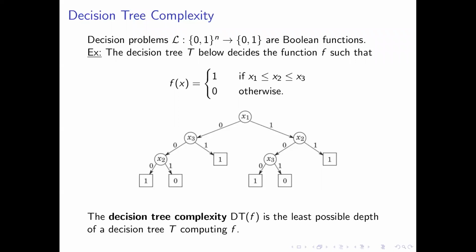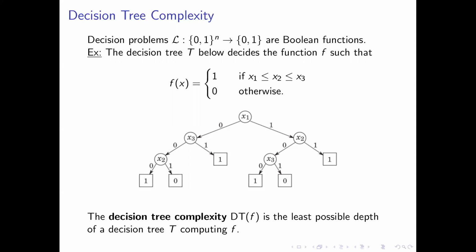The decision tree complexity is the least possible depth of any decision tree T that computes this function f. This complexity measure is a bit more combinatorial or algorithmic, while the degree complexity measure is spectral.